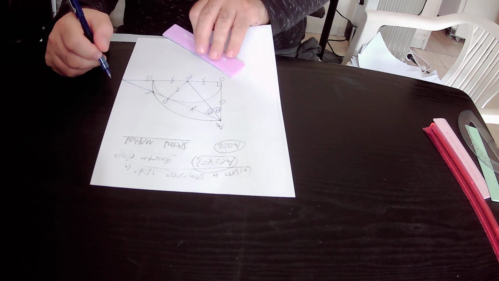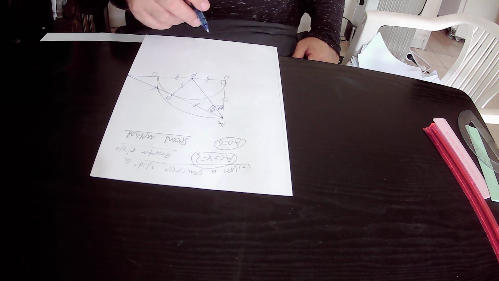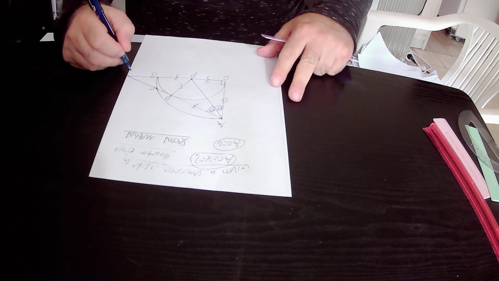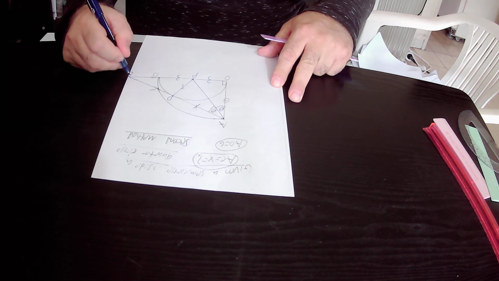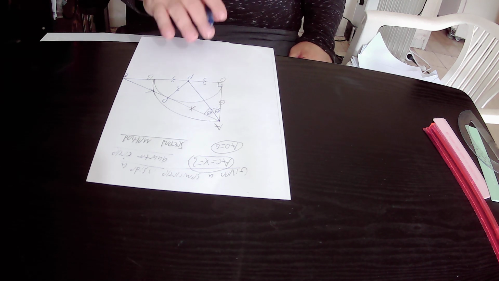We will define the intersection point between the extended line segment AC and the extended line segment OB as E. Actually, we created here right triangle AOE.